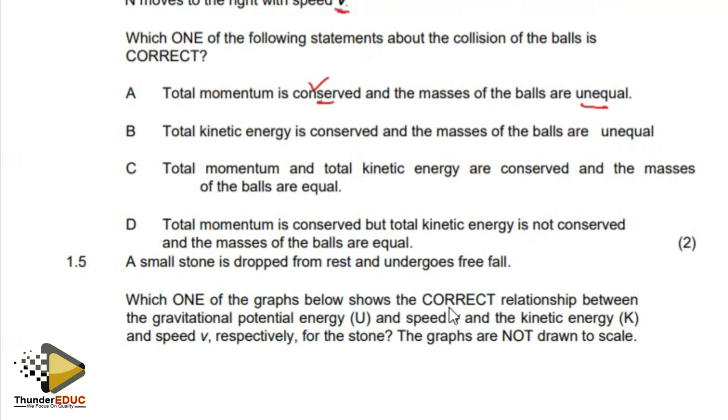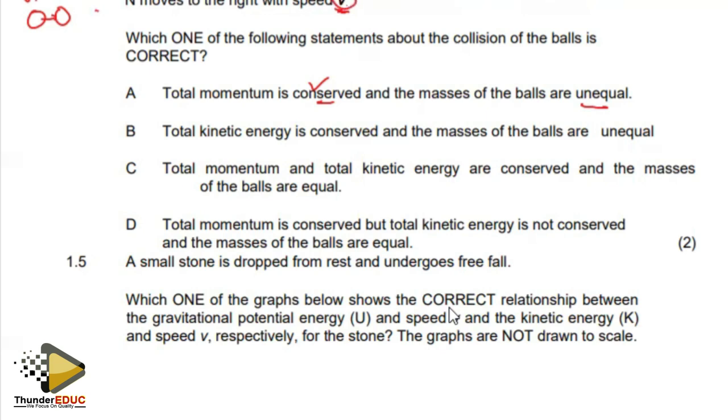So there's no way that the masses are unequal. Chances are high that the masses are the same, because it's more like balls of equal masses, where this one carries a velocity v and just transfers the velocity to that one, and then this one moves off with the velocity. So the masses have to be the same for the velocity to be the same.